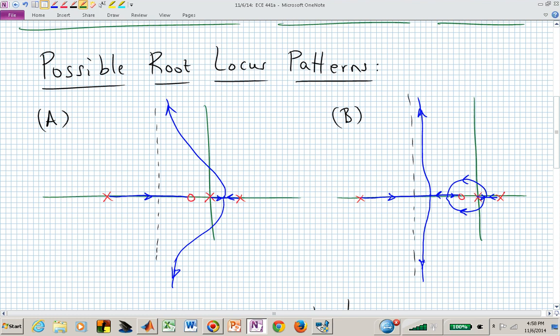All the poles and zeros are ordered in the same way from right to left on the complex S-plane. How do you determine whether you have pattern A or pattern B? That's what I want to try to illustrate in this segment.